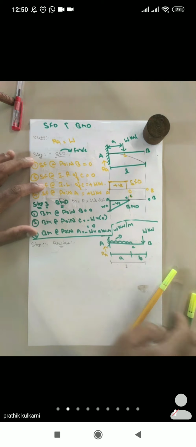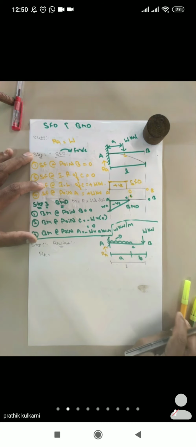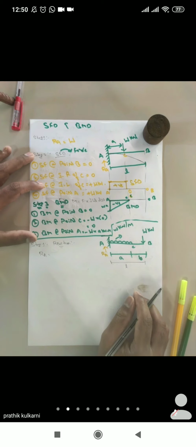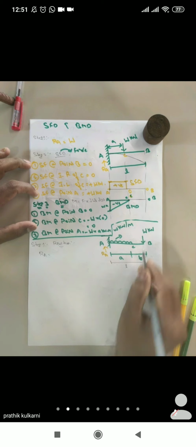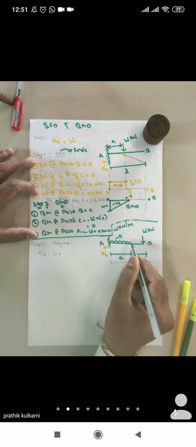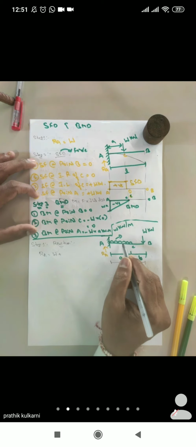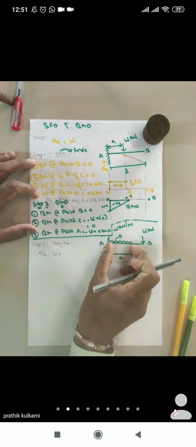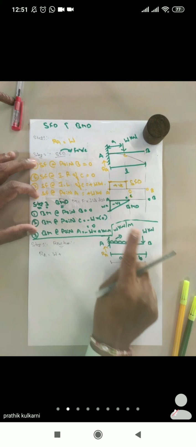Now with your reaction RA, what is the total load we have? We have W plus, what is this load? This is a UDL, which is nothing but a uniformly distributed load. We have w kilonewton per meter, which means for 1 meter the loading is w.